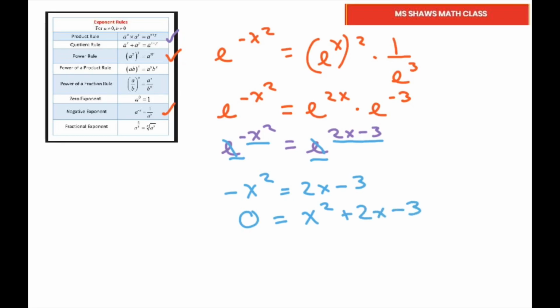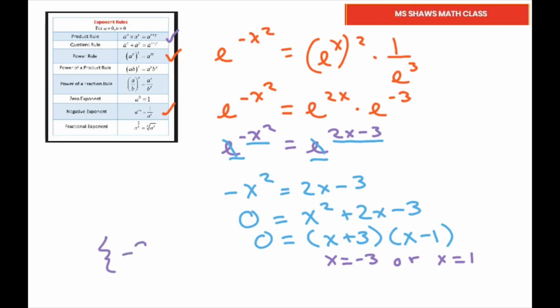Then I'm going to factor, and I get x plus 3 times x minus 1 equals 0. So x equals negative 3 or x equals 1. My solution set is negative 3, comma 1.